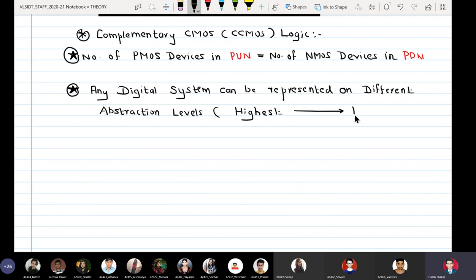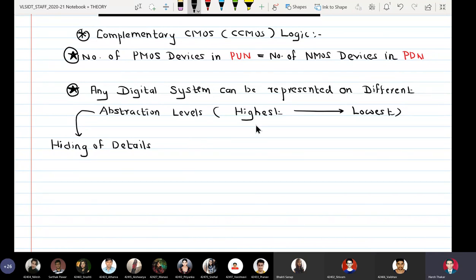All of you know that the word abstraction means hiding of details. If the abstraction level is high, minimum details are revealed. When the abstraction level is low, maximum details are revealed.